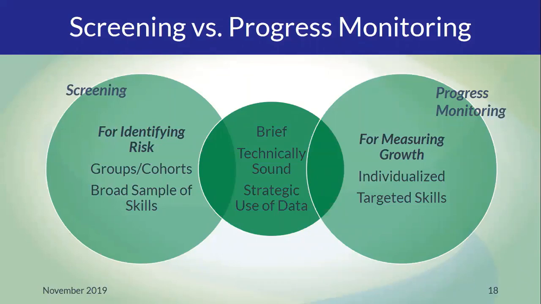The purpose of monitoring IEP goal progress is to measure growth, which is on the right-hand side of the slide. While both screening and progress monitoring tools should be technically sound and brief, which is shown in the middle of the screen, progress monitoring tools must be able to measure small changes in specific targeted student skills or behaviors related to individual student need.